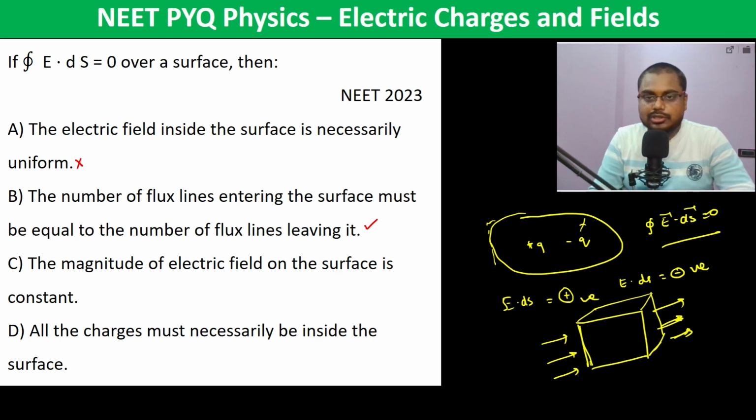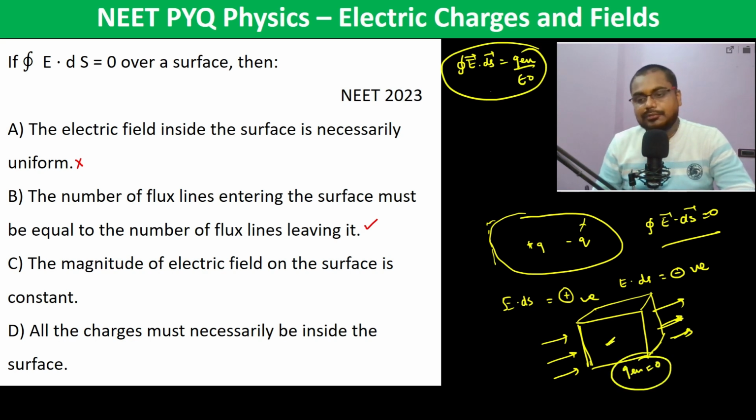What is Gauss's law? Gauss's law is the integration of E dot ds is equal to q enclosed divided by epsilon naught. In this case q enclosed is 0, so the integration of E dot ds must be 0 over the surface. So the flux lines which are coming inside have to go outside.